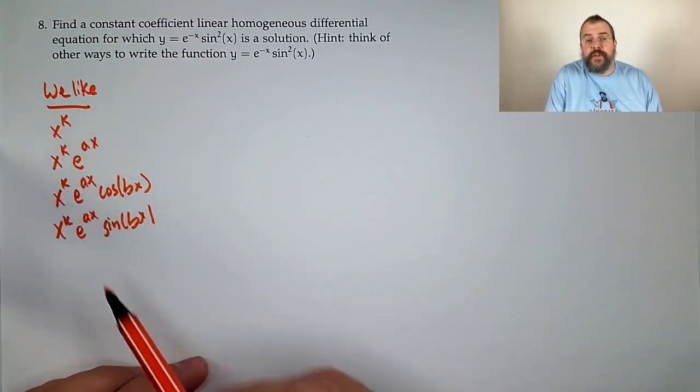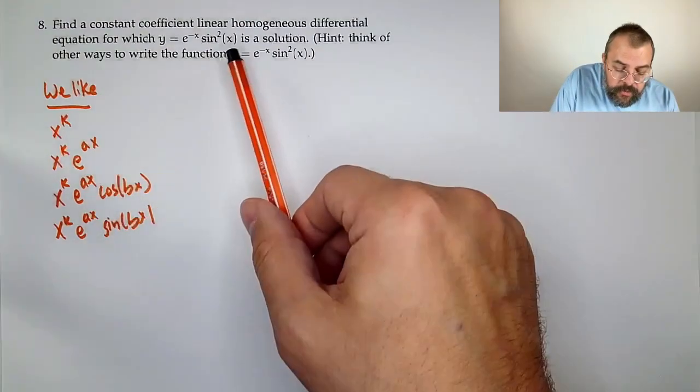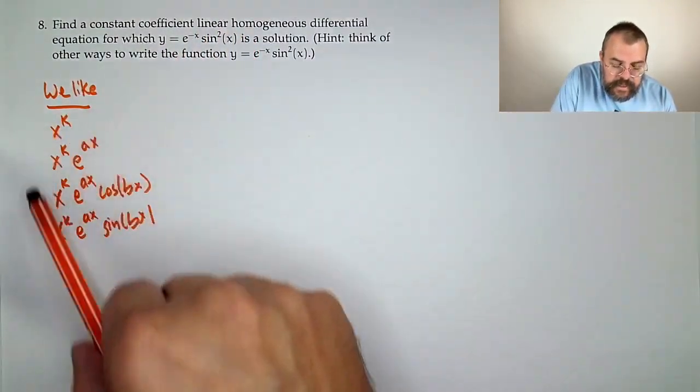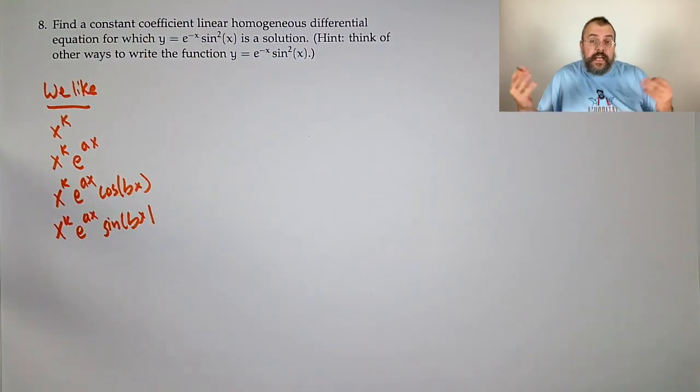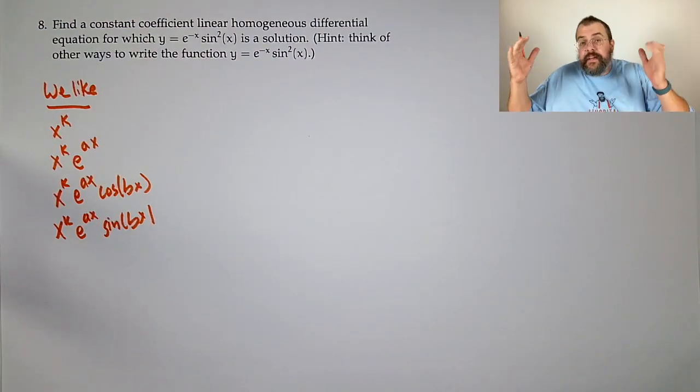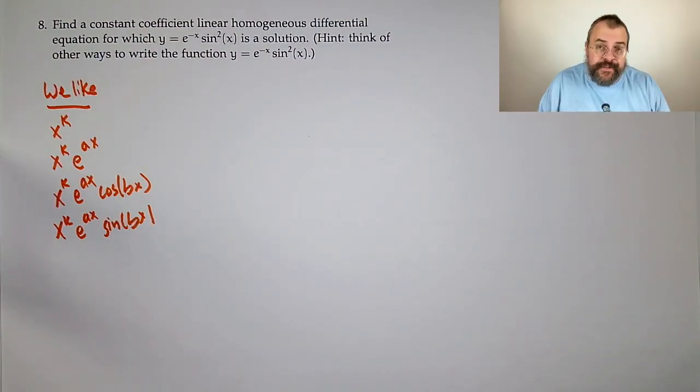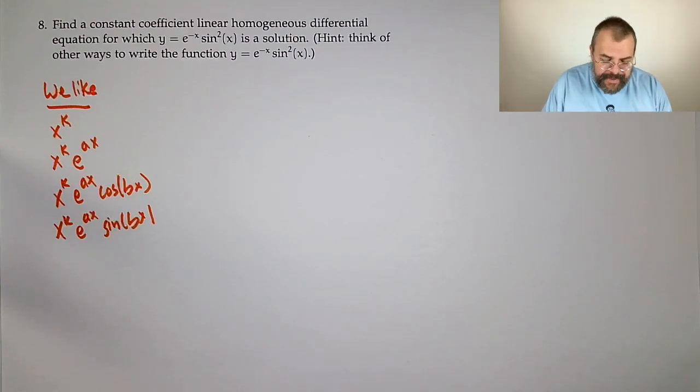These are things which show up. So can we rewrite this in that kind of way? And if the answer is yes, we win. If the answer is no, it can't possibly work. But I'm confident we can. Otherwise, why would they ask us?